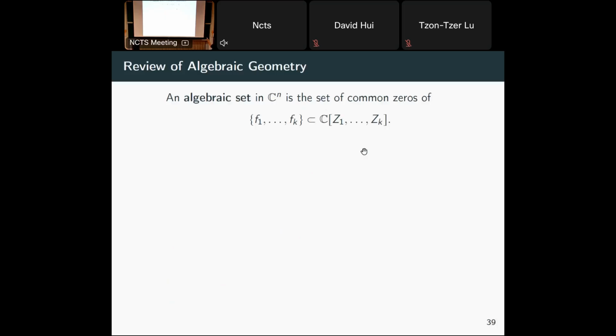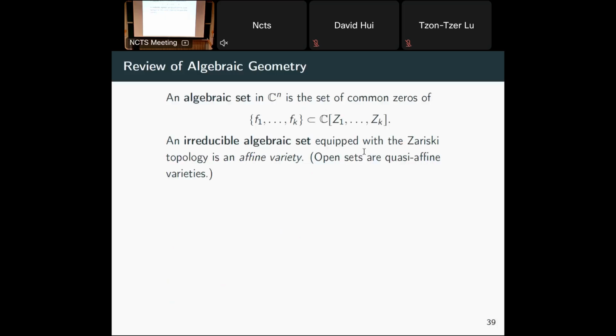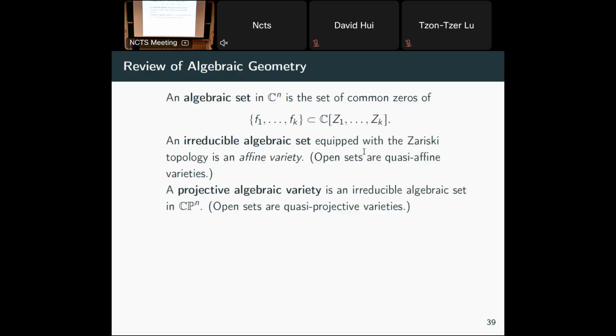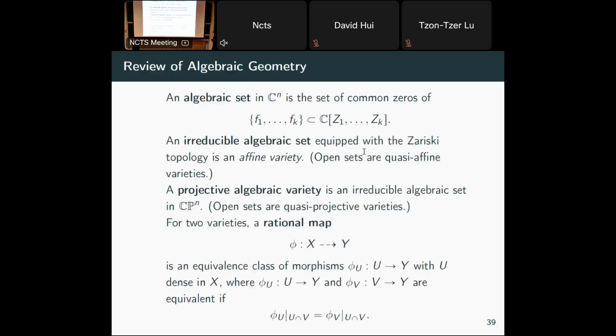I'll be very fast for this part. You have the algebraic set, which is the common zero set of a finite subset of your coordinate ring, and if you consider an irreducible algebraic set together with the Zariski topology, you have the affine variety. You have the projective algebraic variety if it is an irreducible algebraic set of CP^N.